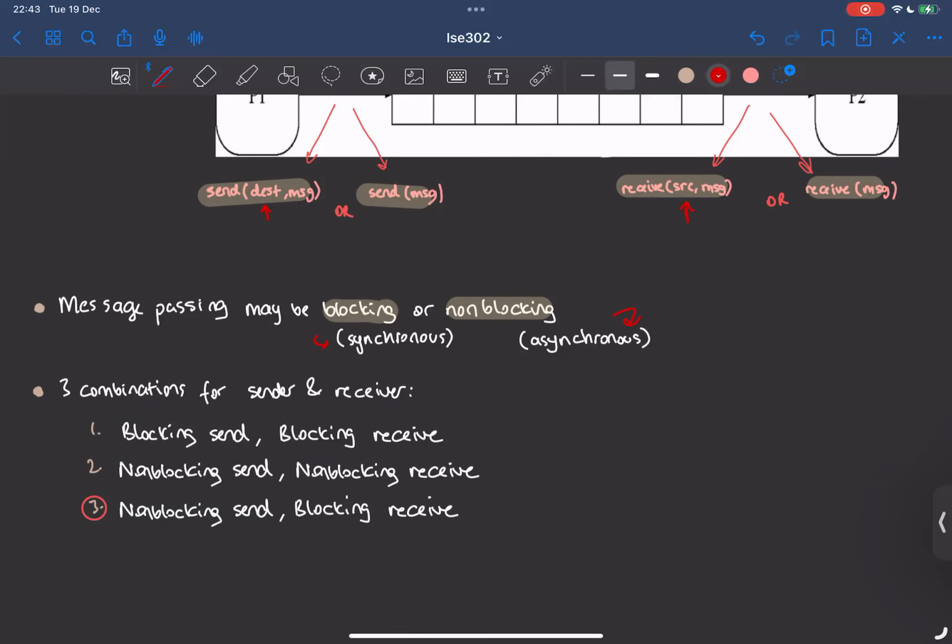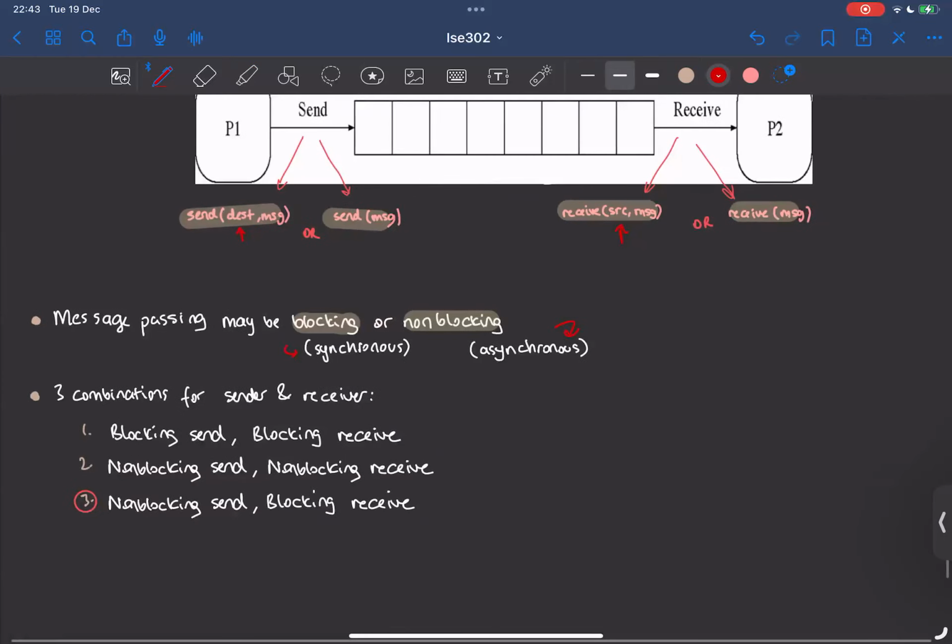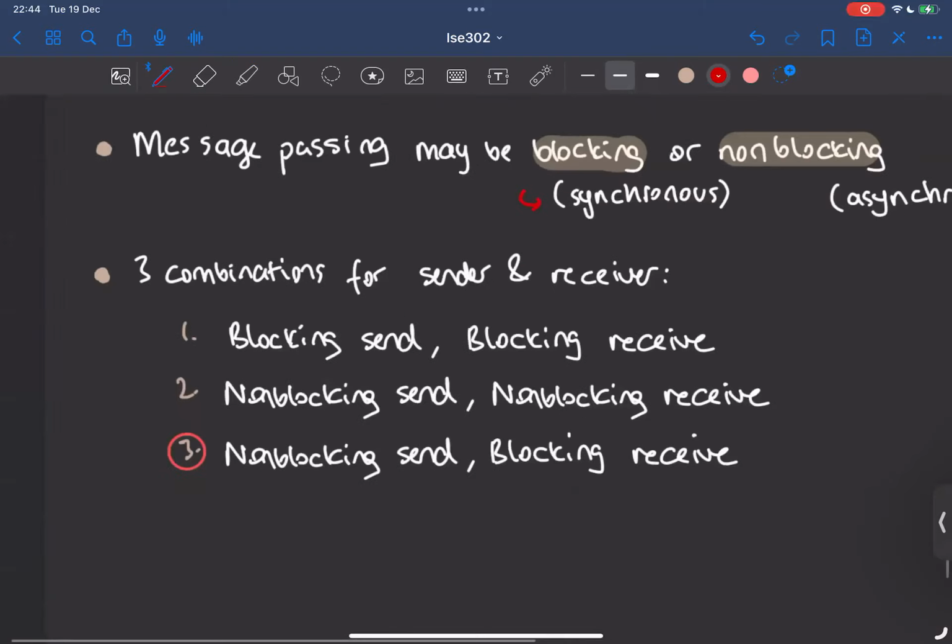But typically a sender usually prefers to be non-blocking after message passing, to accommodate sending messages to different processes. And a receiver usually prefers to block, since after it receives information, it needs to use this information for further execution. But we can say that there are basically three most popular combinations.